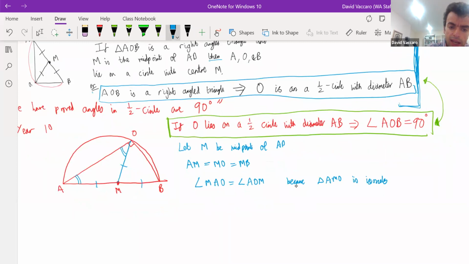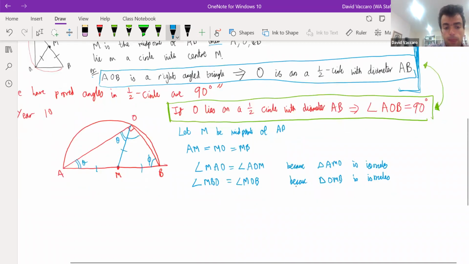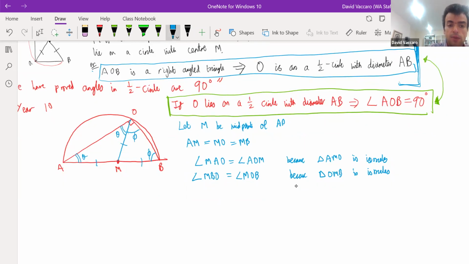I can also say that this angle, I'll call this angle theta, and I'll call this angle phi, is equal to this angle MBO is equal to the angle MOB, because triangle OMB is isosceles. So this angle is phi. And now if I look at the total angles in the triangle AOB, I've got theta, phi, and then theta plus phi.